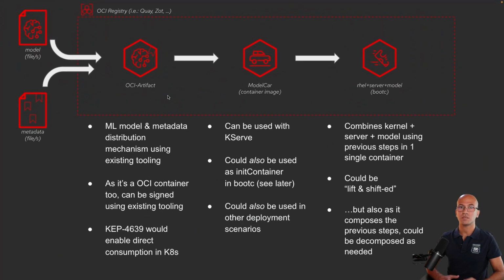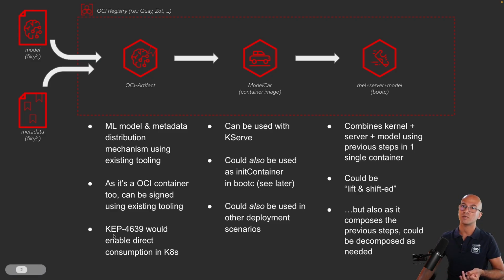What we did here is that we stored our machine learning model asset and its metadata as an OCI artifact. Being an OCI container technology, we can think about signing it. We can think about starting to build attestation on how we build and distribute this OCI reference.